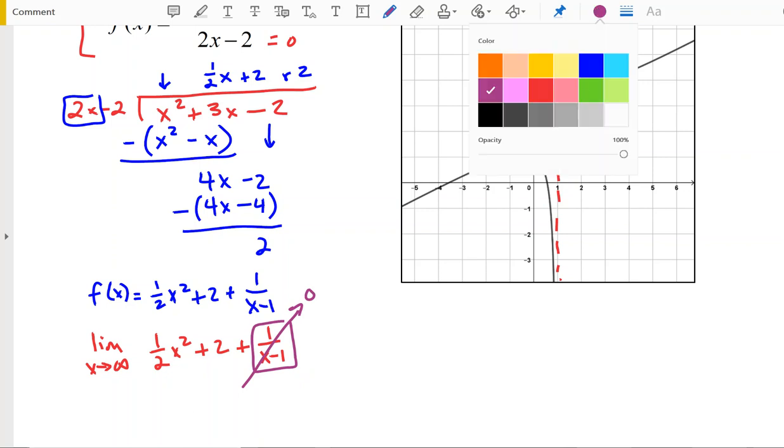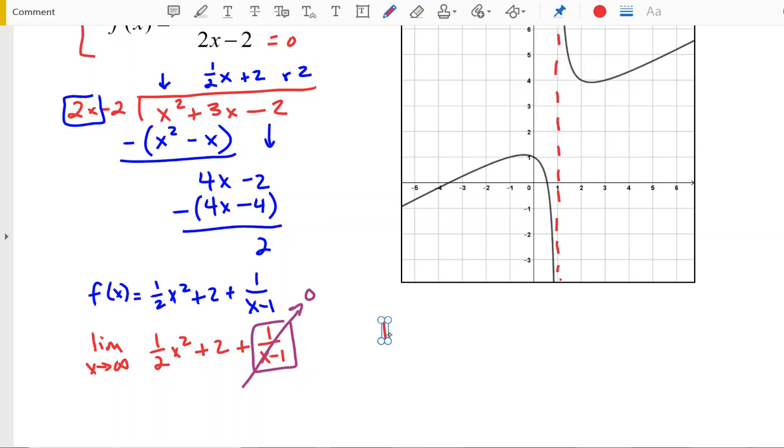What that allows us to conclude is if we take the limit as x approaches infinity of the function 1/2, oh, I had an x squared on here. It shouldn't have been x squared. It should have just been x. My apologies. The limit of 1/2 x plus 2 plus 1/x minus 1.